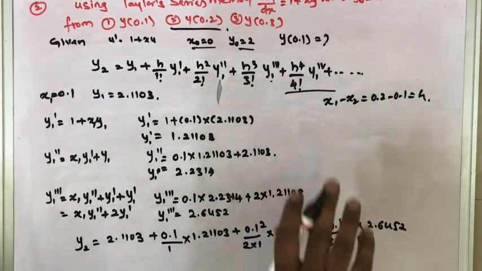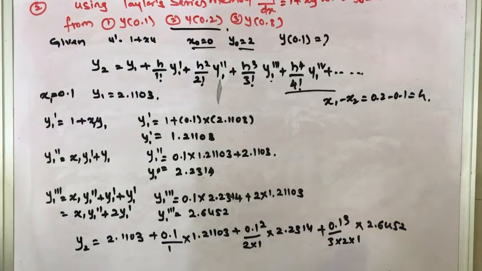Even if you consider it, the value will be very small, beyond the 4 decimal. So I'll keep up to 3 decimal itself. So y2, if I calculate, I'll get 2.2430. So this is y of 0.2. Like this we can calculate.